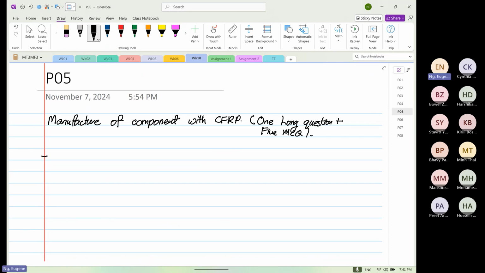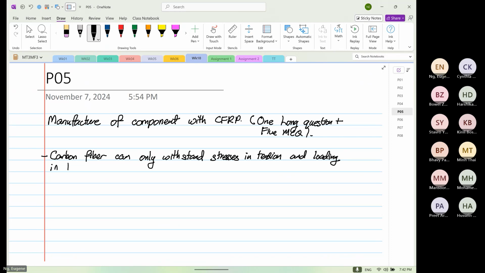So carbon fiber can only withstand stresses in tension and loaded in the axial direction.